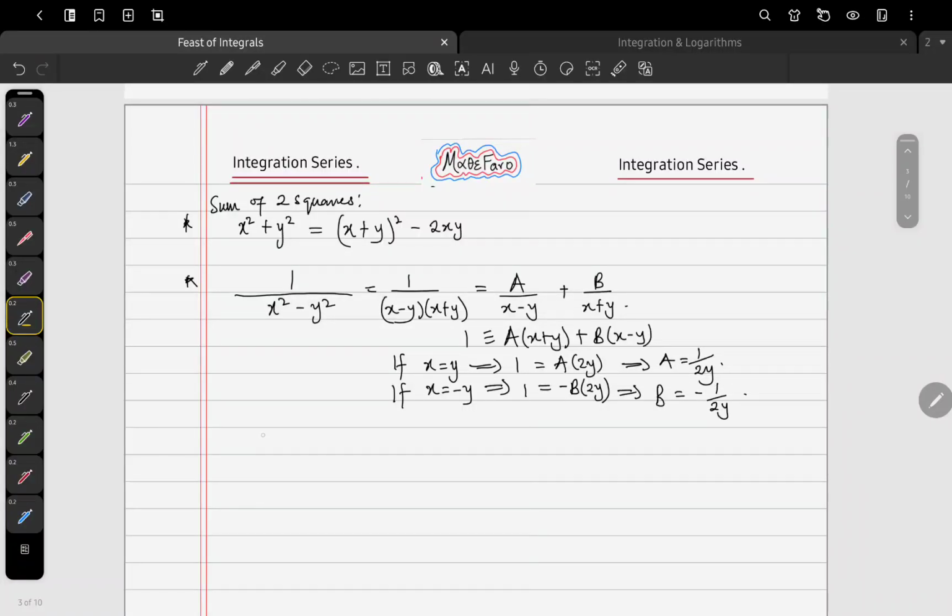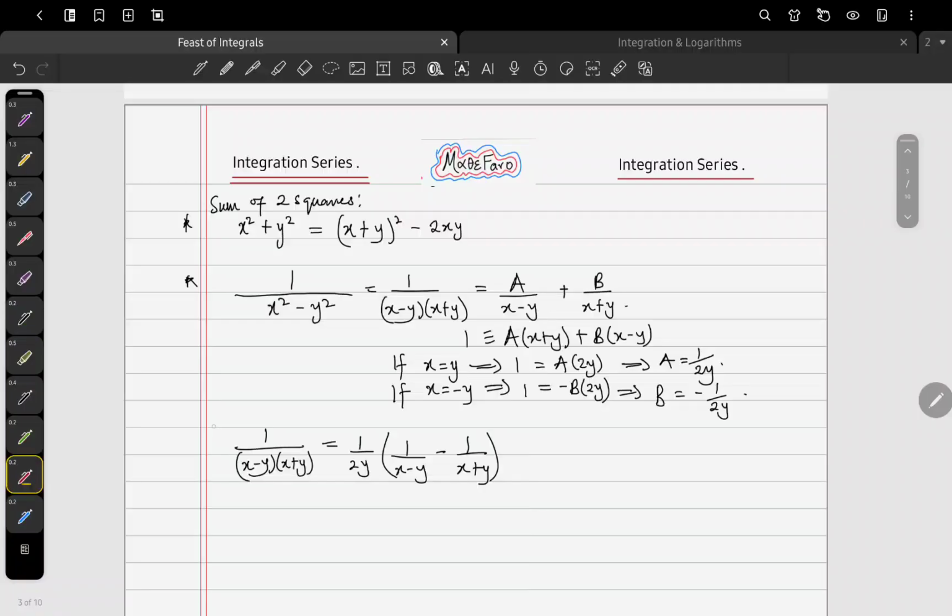That tells us that 1 over x minus y, x plus y, or x squared minus y squared, is equal to 1 over 2y into bracket 1 over x minus y minus 1 over x plus y.